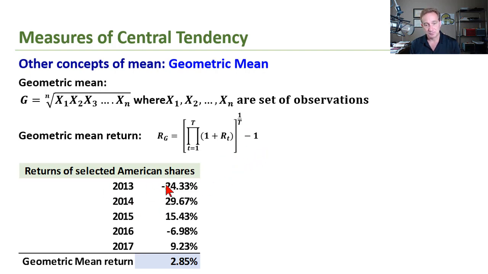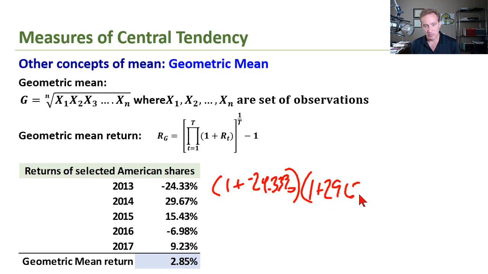So that, right, we're getting here 1 plus negative 24.33%. We're multiplying that by 1 plus 29.67%, right? So obviously, if I just come back here, that's 0.757.